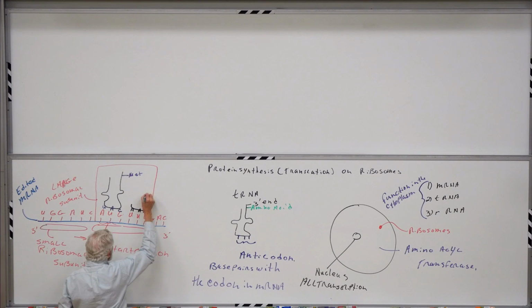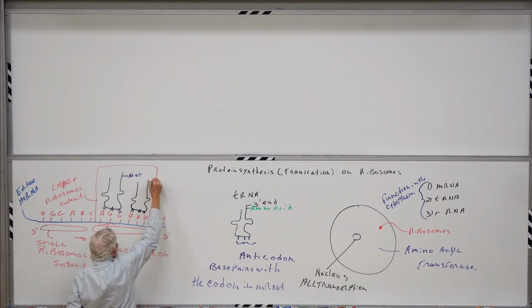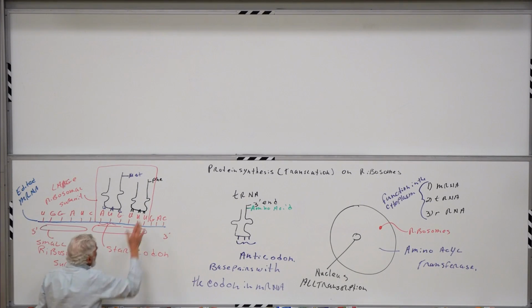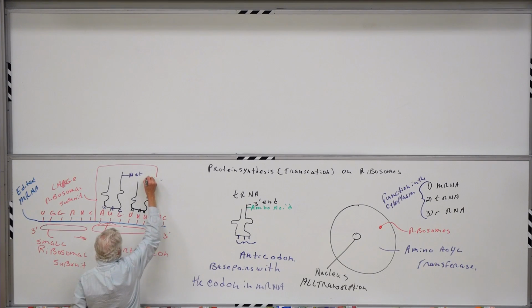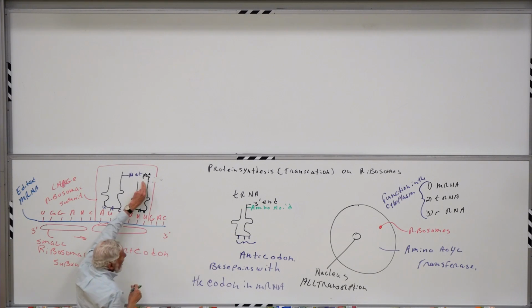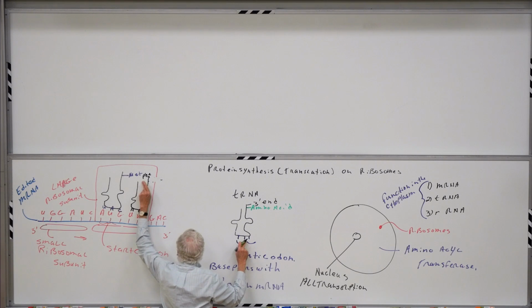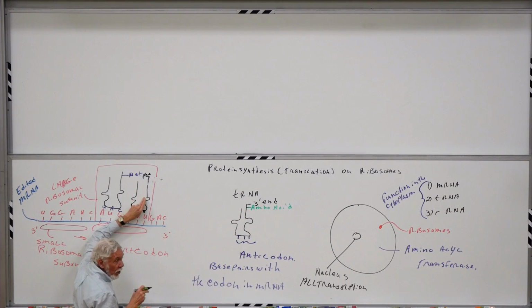And I know, because that's an easy one to remember, that this is going to be carrying a phenylalanine. Let me put the phenylalanine on the other side here because it's a little easier to think about. So this is the phenylalanine that's linked to the 3' end of the transfer RNA. This is the acyl transfer RNA.